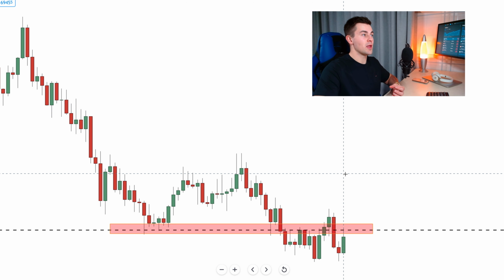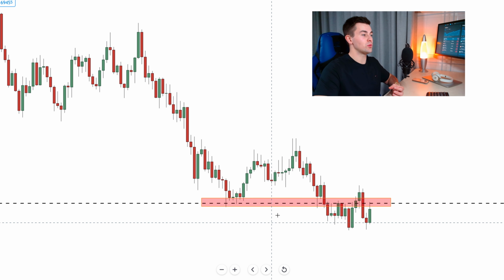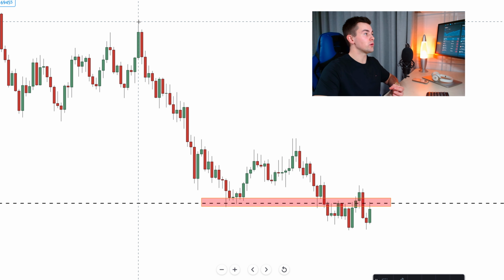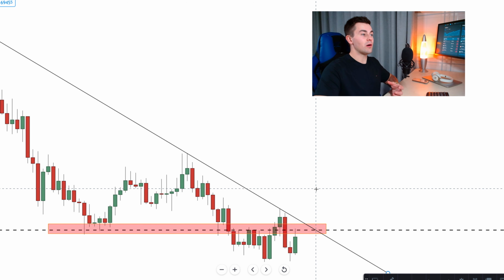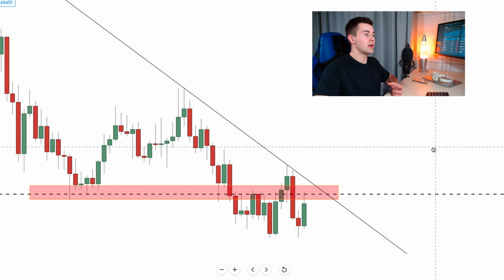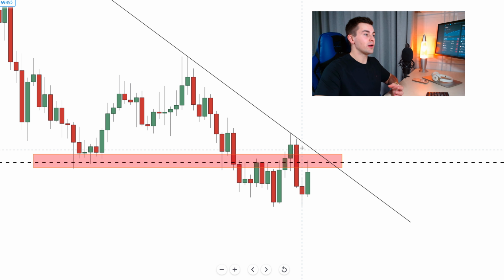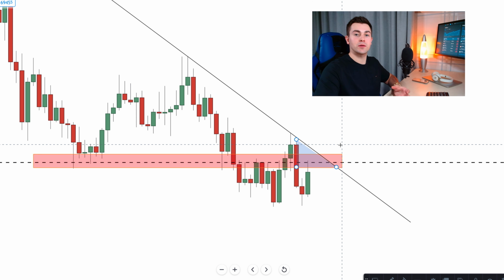Also I just wanted to add right here that based on the lower highs that we just identified, we can draw a very nice trend line. This trend line over here. And you can see that right now, that trend line and that horizontal resistance that we identified provide us with a very strong zone of supply, the area of extremely strong resistance.